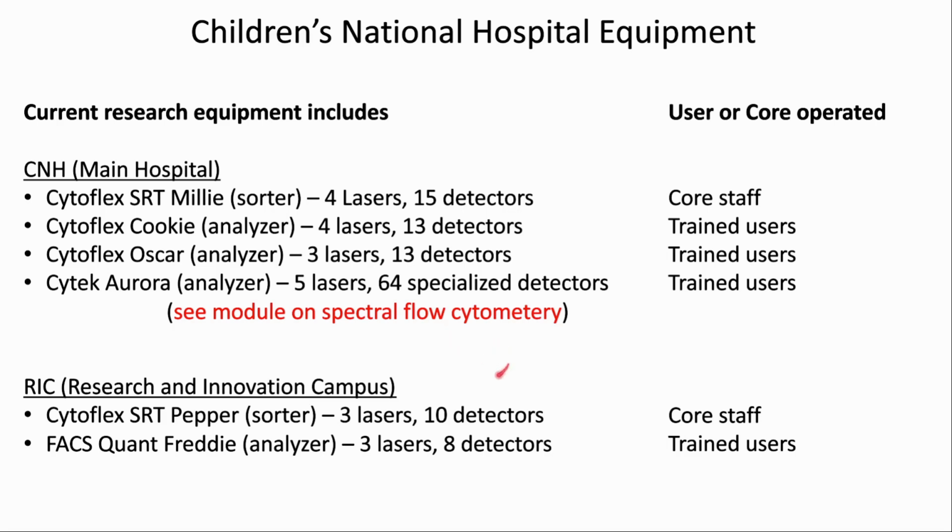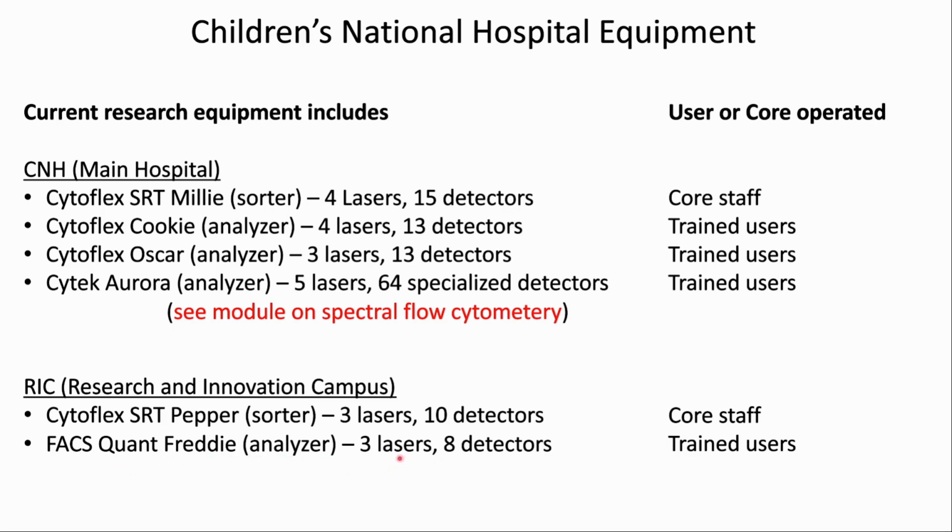At the Research and Innovation Campus, we have 2 instruments. We have another Cytoflex sorter. This sorter has 3 lasers, a red, a blue, and a violet laser, and 10 detectors off of those 3 lasers. We also have an older Miltenyi MACSQuant, in this case MACSQuant Freddy.